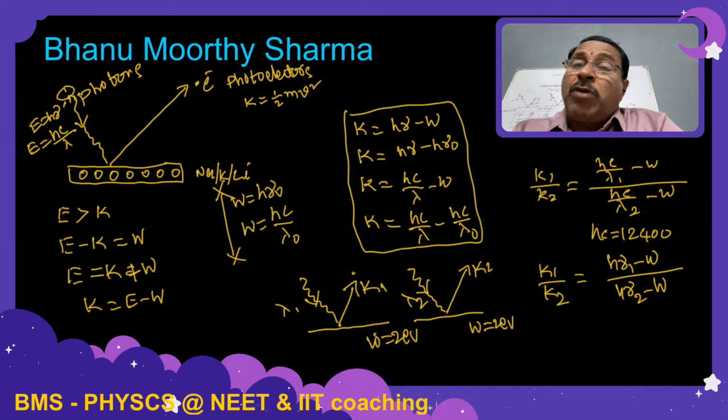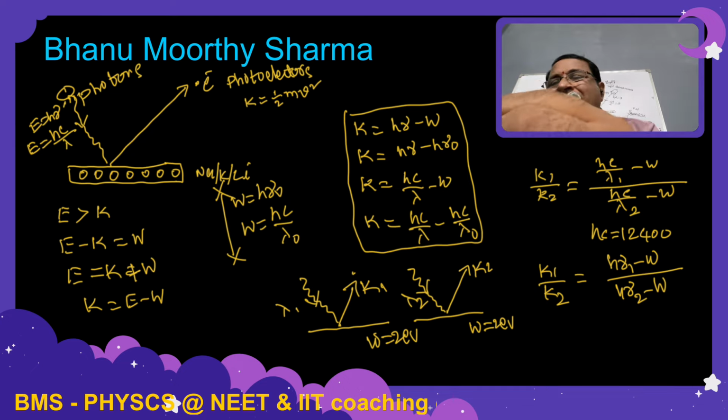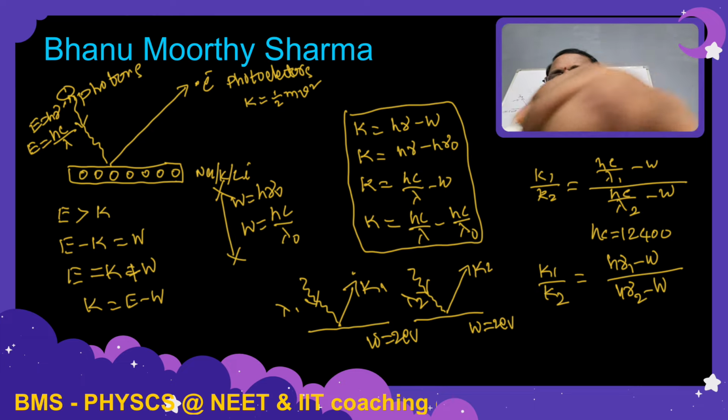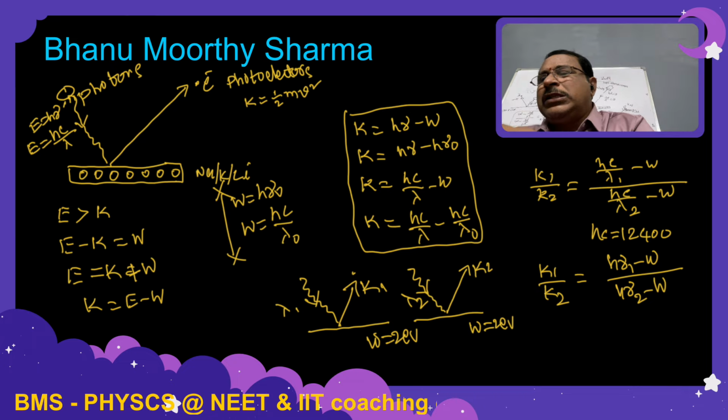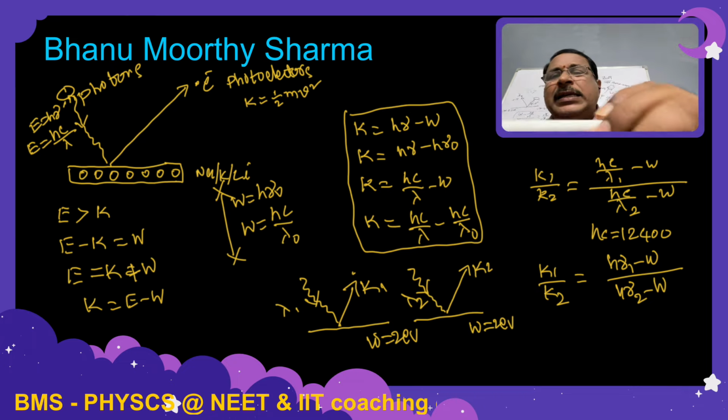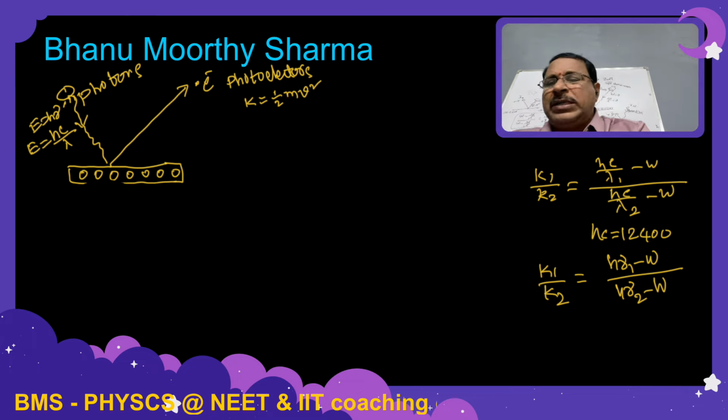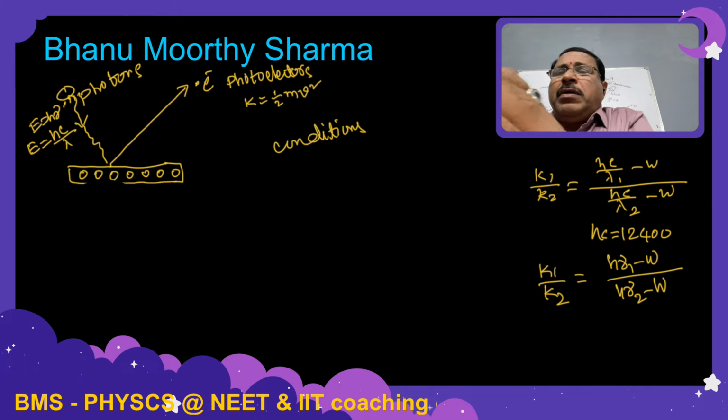Now, how are they going to ask logical questions? Let us discuss logical questions in photoelectric effect. Once upon a time, they asked in the NEET entrance examination about these logical questions. Now I am mentioning conditions for photoelectric effect.